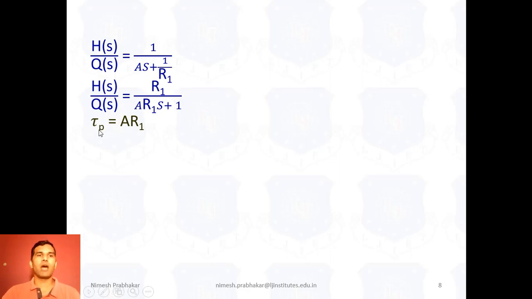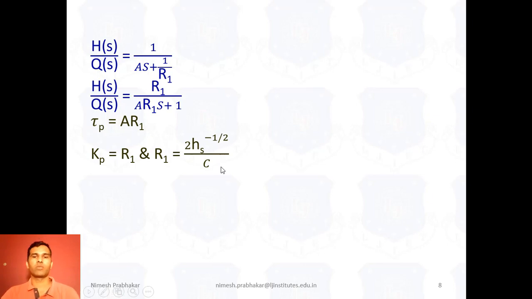So we get tau p is equal to A R1 and Kp is equal to R1, and we know R1 is nothing but 2 Hs raised to minus 1 by 2 upon C. We get this from 1 upon R1 is equal to 1 by 2 C Hs raised to minus 1 by 2, so R1 is equal to 2 Hs raised to 1 by 2 upon C.